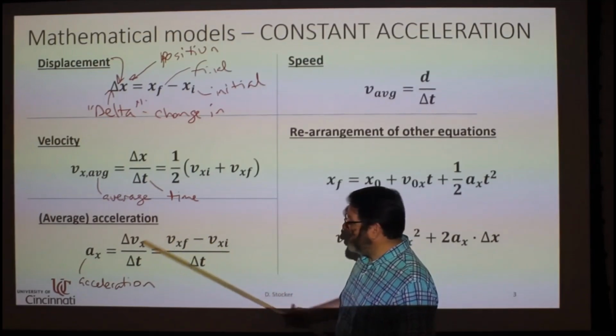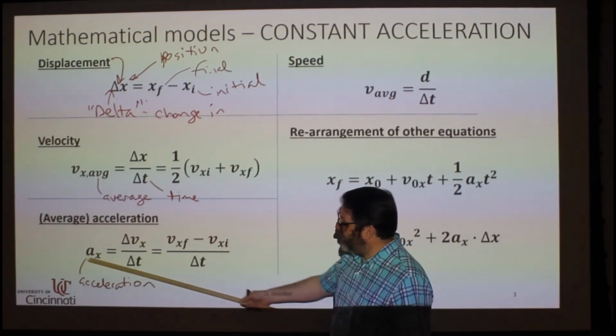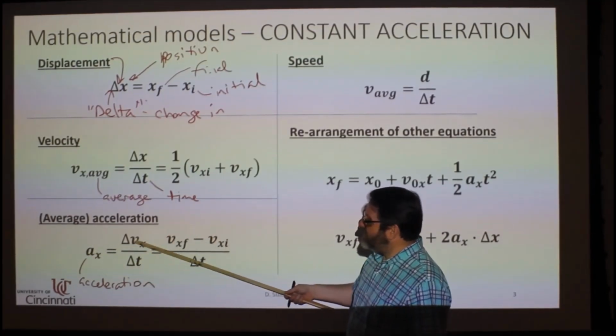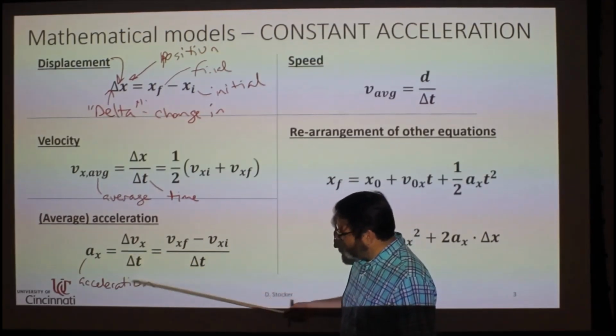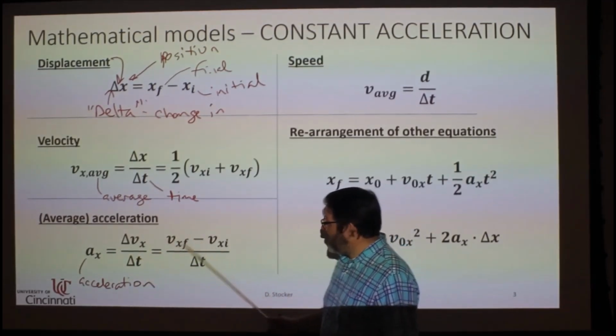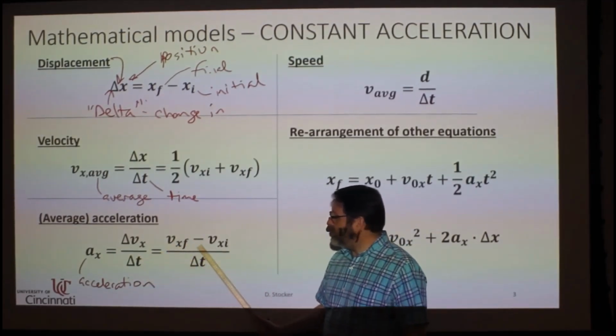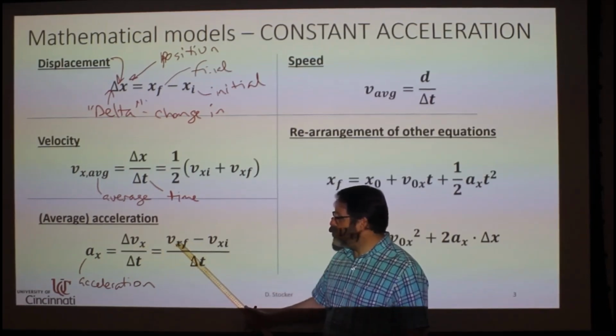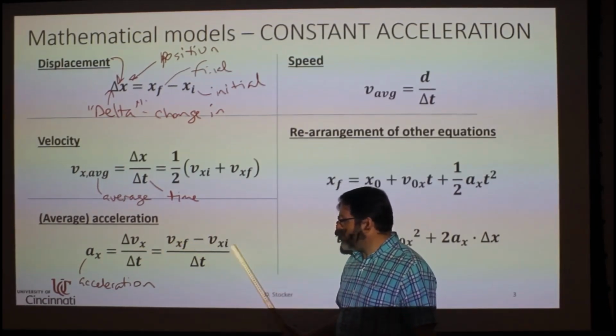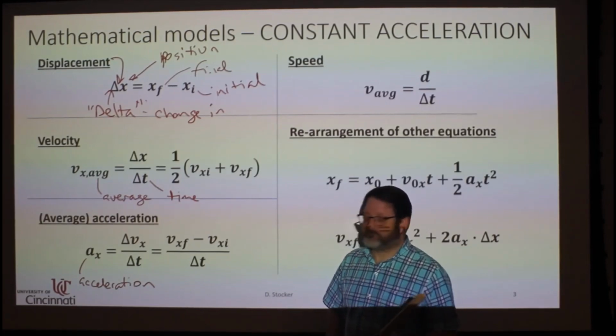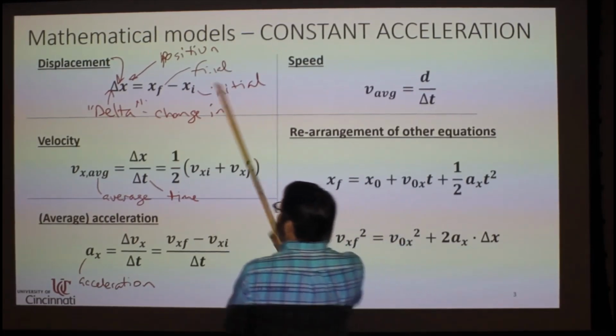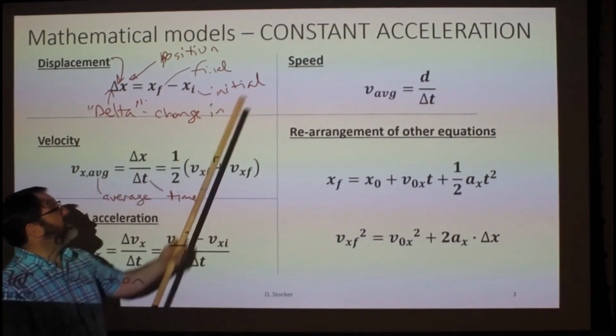This is all 1D, so this is all the x direction. Acceleration in the x direction is change in velocity in the x direction divided by the change in time. And that is also equal to the final velocity minus the initial velocity over change in time. Okay, so that's displacement, velocity, acceleration.